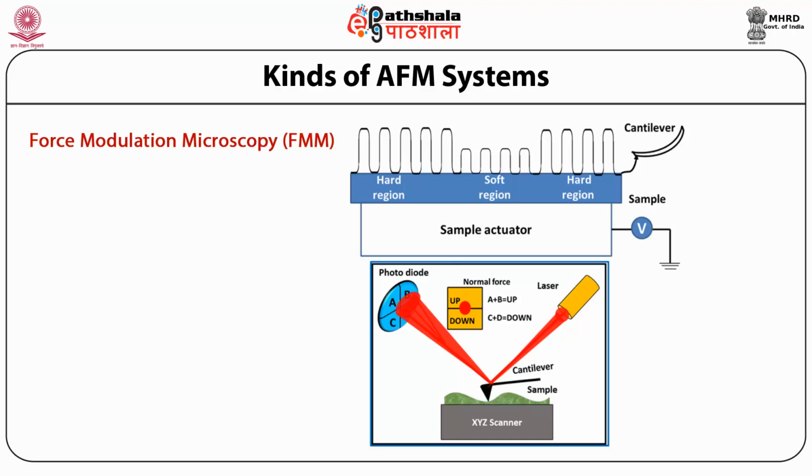The variation in cantilever deflection amplitude at the frequency of modulation is a measure of the relative stiffness of the surface. Topographic information can be separated from local variations in the sample's elastic properties, and the two types of images can be collected simultaneously, giving a direct correlation between topographic structure and elastic properties.